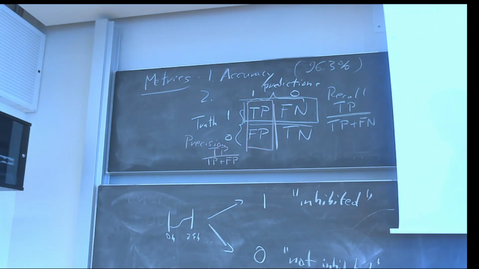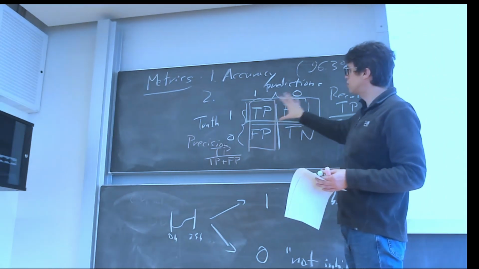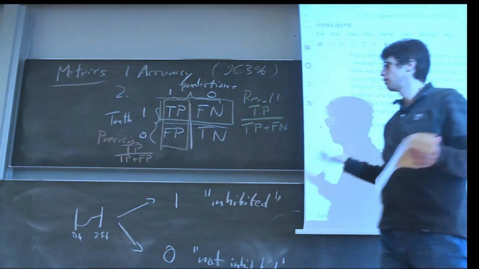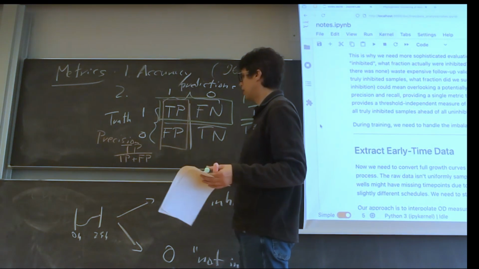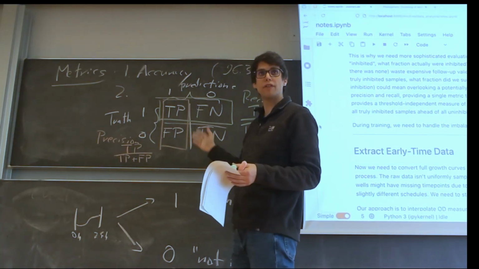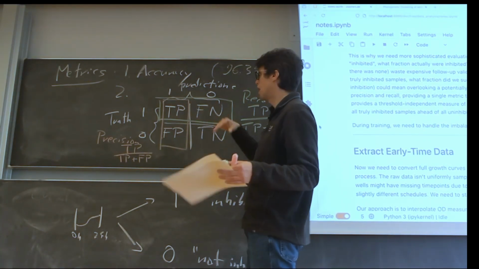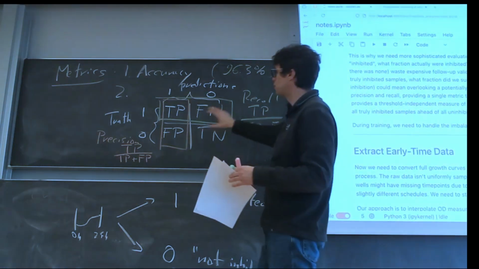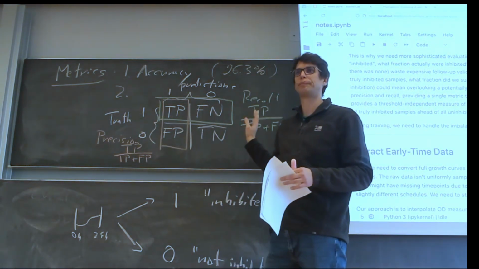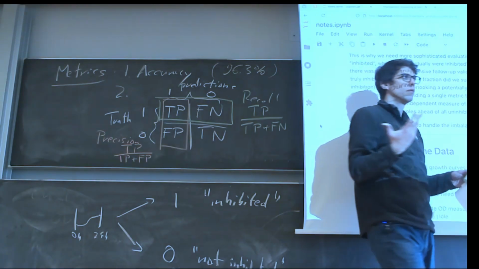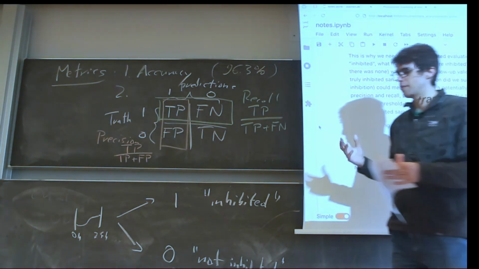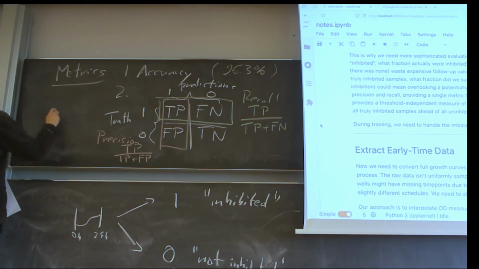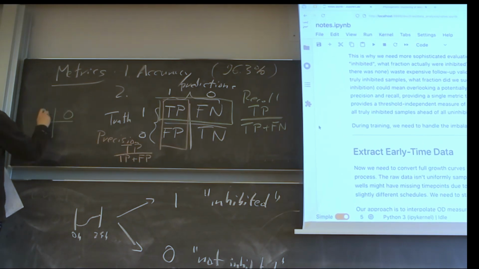Okay. And only knowing these two numbers, precision and recall, and how many samples in total we have, and how many of the samples are positive, like the 3.7% number, only by these two we can reconstruct the matrix. So we of course would like the matrix to look something like this.